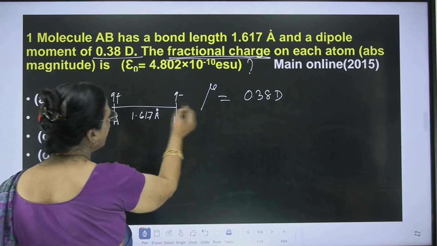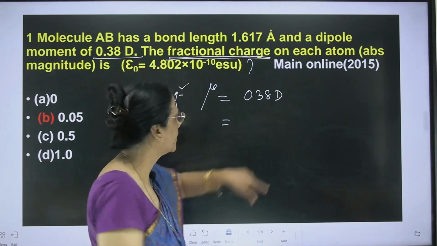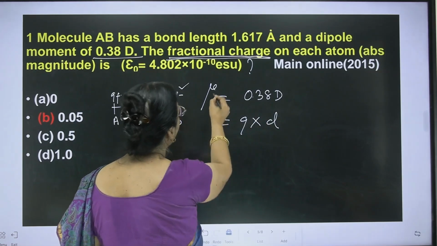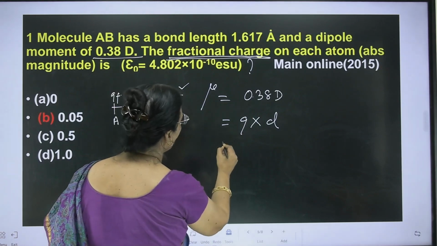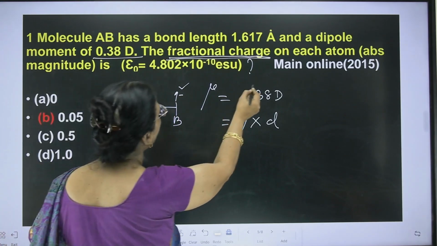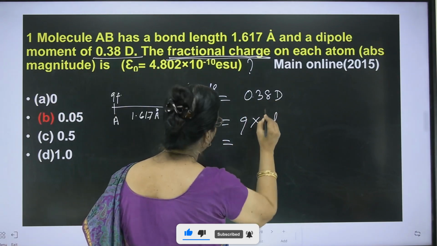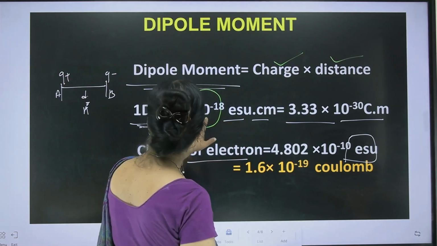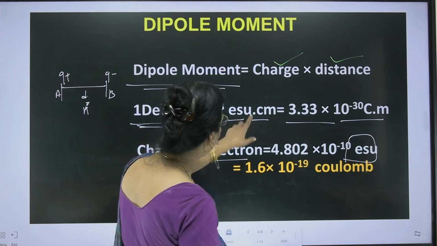The dipole moment mu is equal to the partial charge into distance, so mu is equal to Q into D. The dipole moment has been given as 0.38 D. As you have seen, we will take it in ESU, so 1 Debye is equal to 10 to the power minus 18 ESU centimeter.